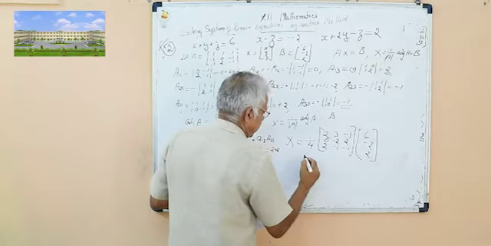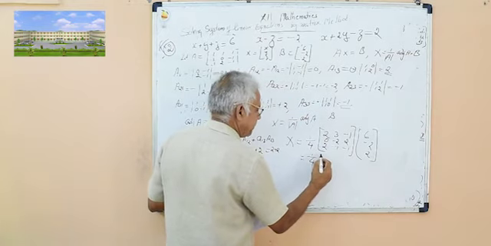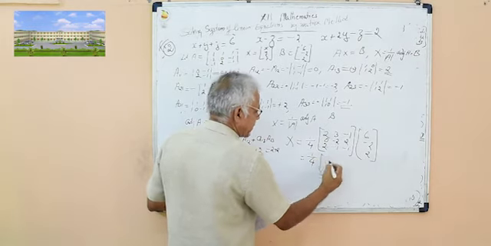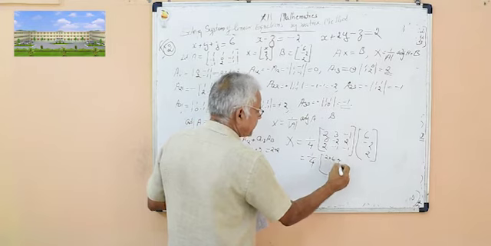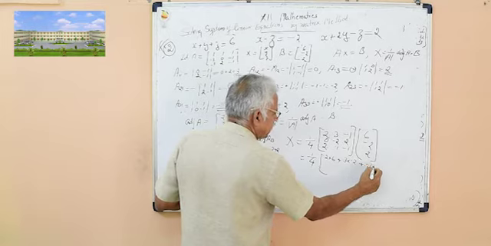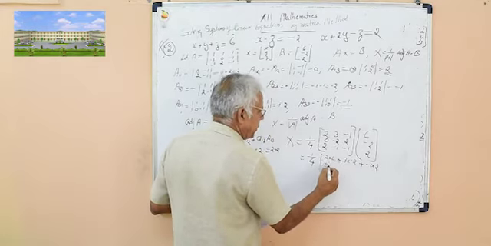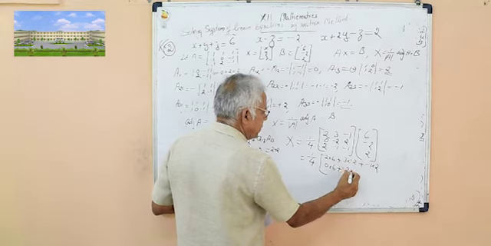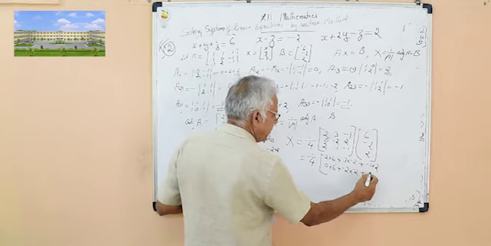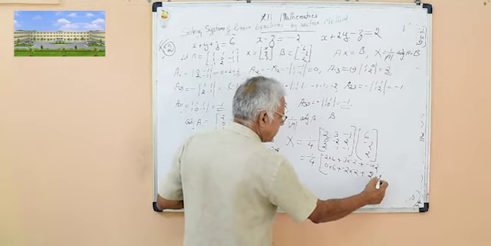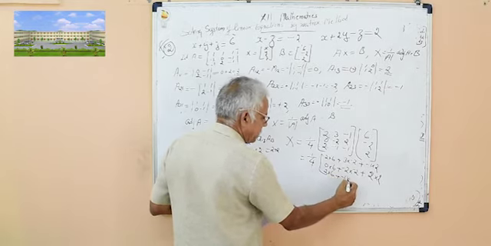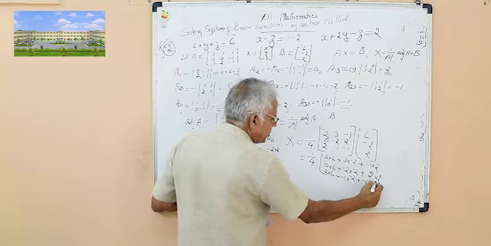Multiply: we get 1 by 4 into row 1 with column: 2 into 6 plus 3 into minus 2 plus minus 1 into 2. Again 0 into 6 plus minus 2 into minus 2 plus 2 into 2. Again R3 with C1: 2 into 6 plus minus 1 into minus 2 plus minus 1 into 2.